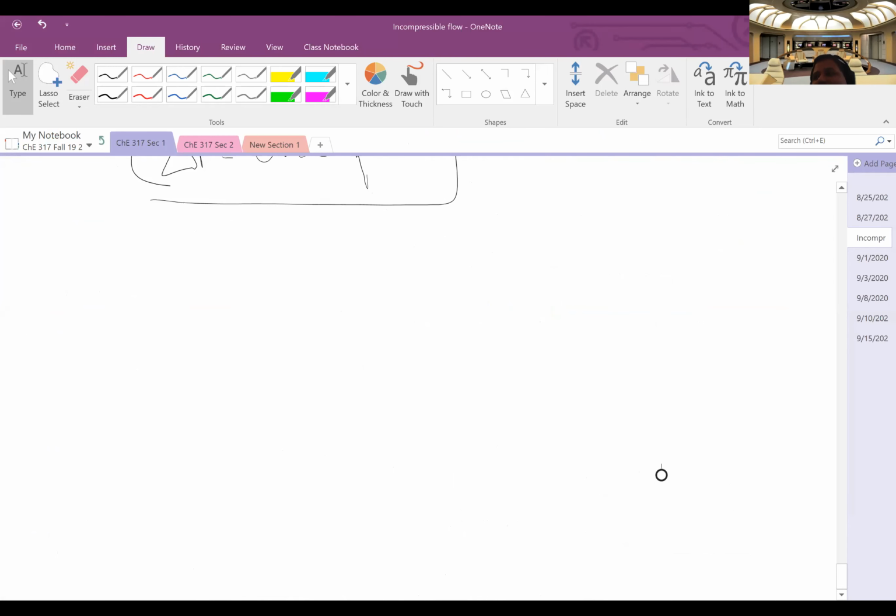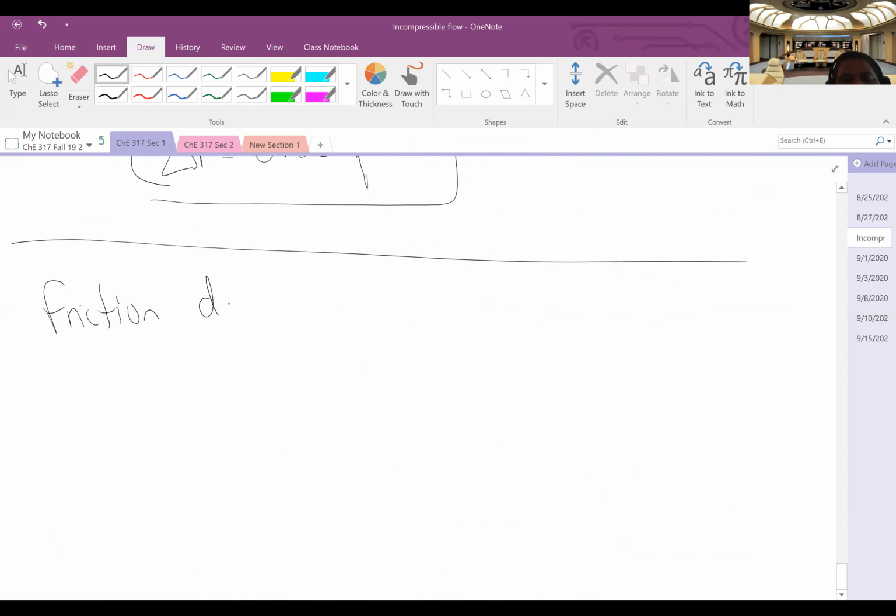However, there are a lot of other areas for frictional dissipation in flow. Primarily, there's friction due to expansion, contraction, and fittings. That's typically what I call it.